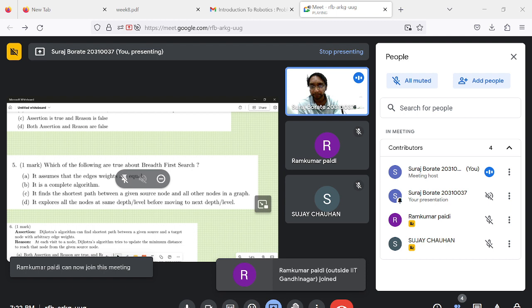So whenever it visits a node, it tries to update the minimum distance to reach that node from the source node. This is again an algorithm related question. One hint I can give you is that the first statement is true. Whether the reason is true or not, you figure out. That will help me not give you the answer, but at the same time give you some hint.